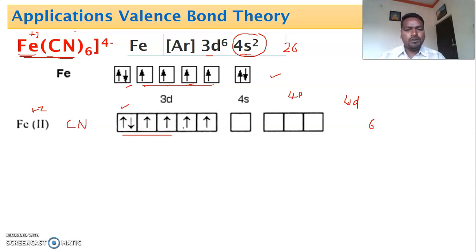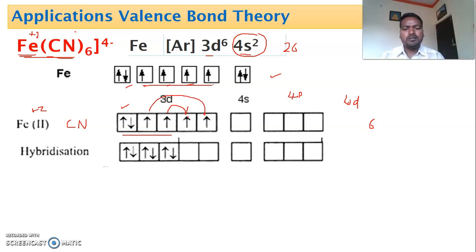Here there are 4 unpaired electrons present, and it forces these 2 electrons into these orbitals, and this is the new configuration. After forcing the last 2 orbital electrons into the neighboring orbital, before there were 4 unpaired electrons, and after cyanide forces the electrons to pair up, there are no unpaired electrons and 3 paired electrons are present.